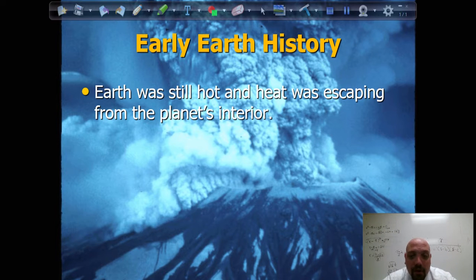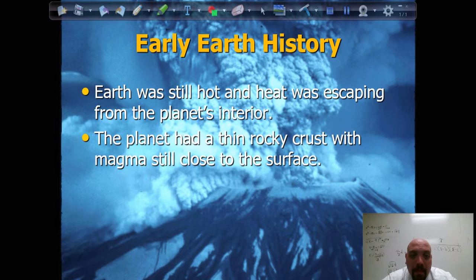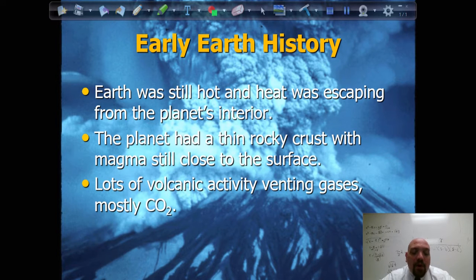The crust started to crust over as that lava cooled over, and we had volcanoes on the surface. One thing we know today that is in a lot of volcanic gases is carbon dioxide. And carbon dioxide was probably the main component of our atmosphere 4.5 billion years ago.